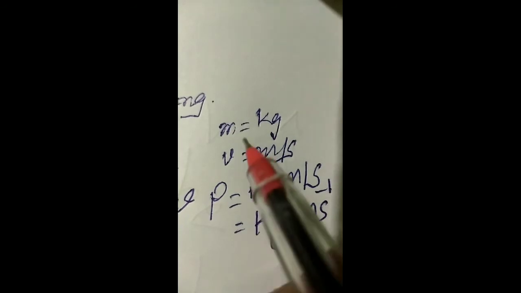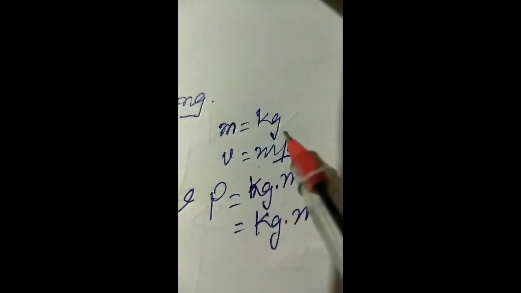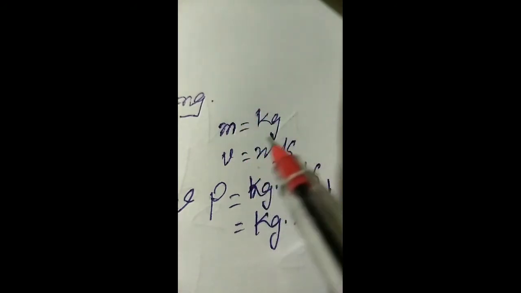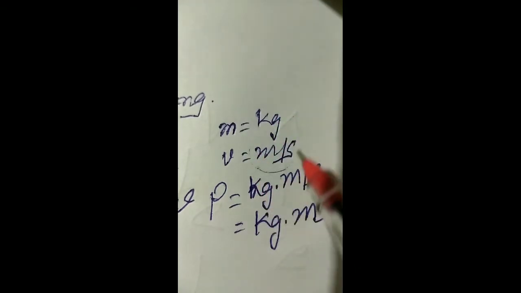So again, suppose 1 kg of mass, that means 1 unit mass of a body with 1 unit of velocity.